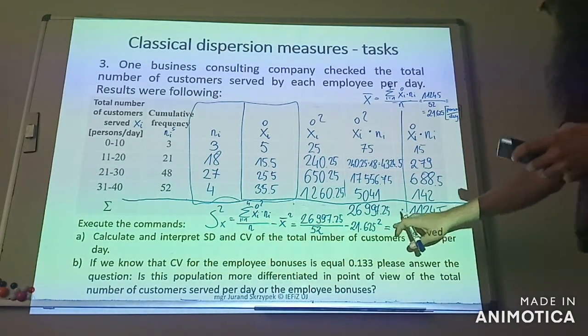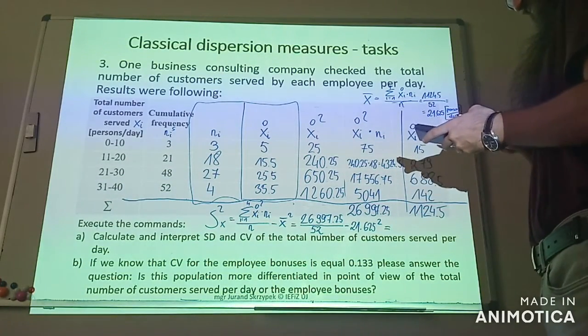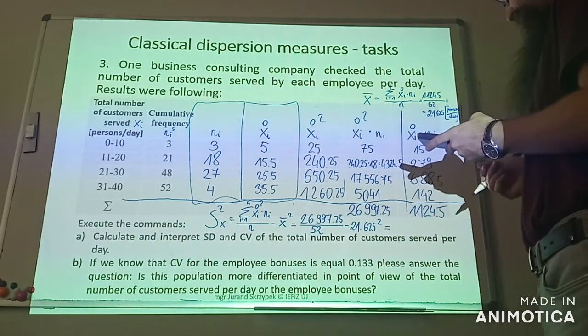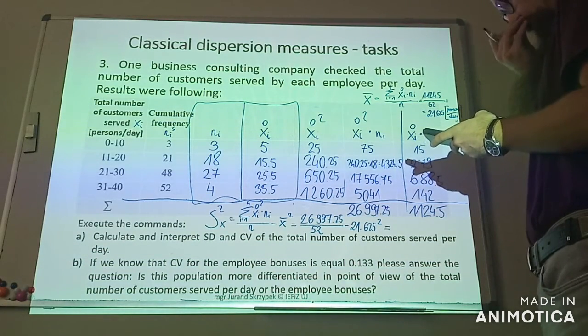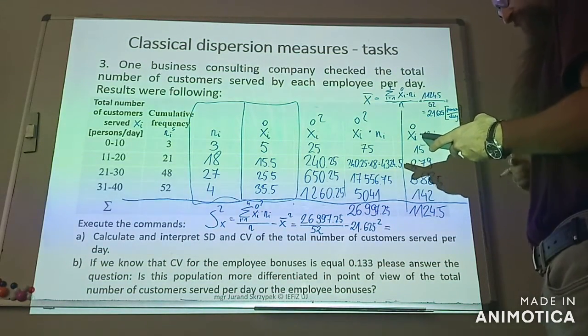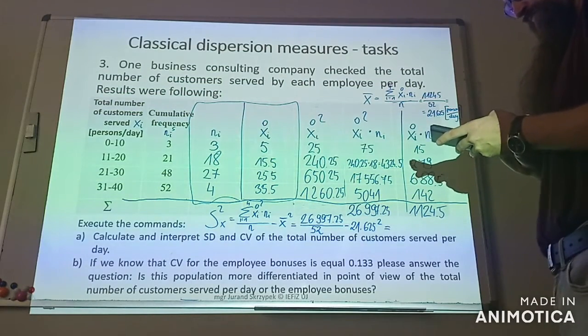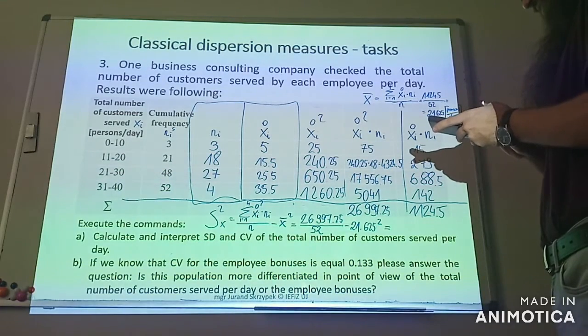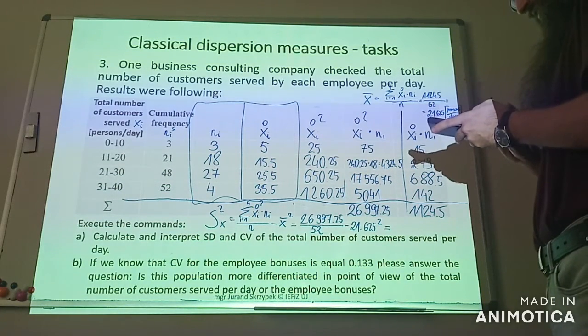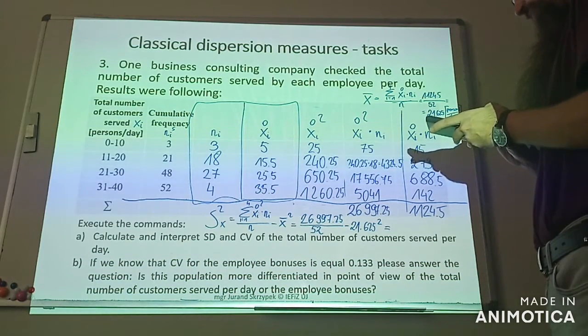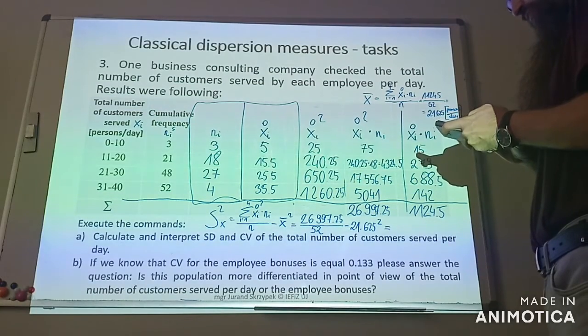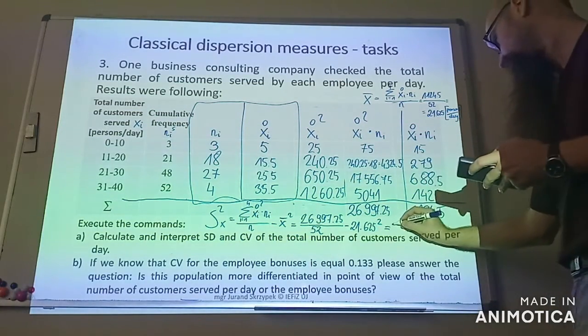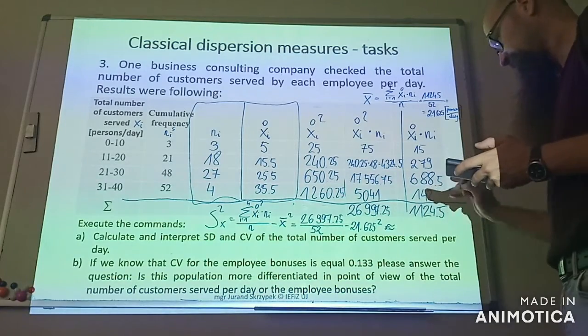And here will be given to you the value of the variance: 26,997.25 divided by 52 minus 21.625 squared, and ta-da!